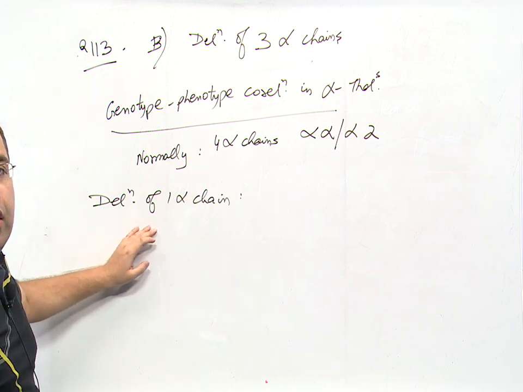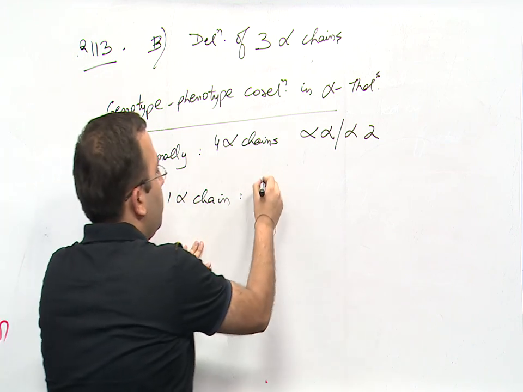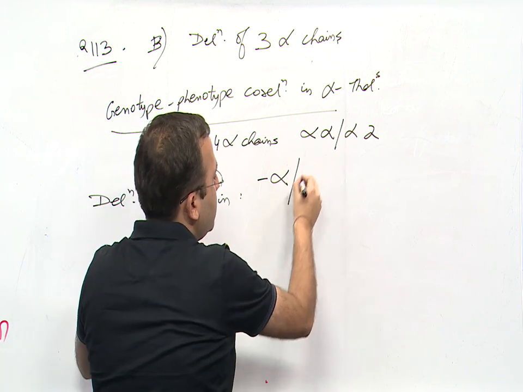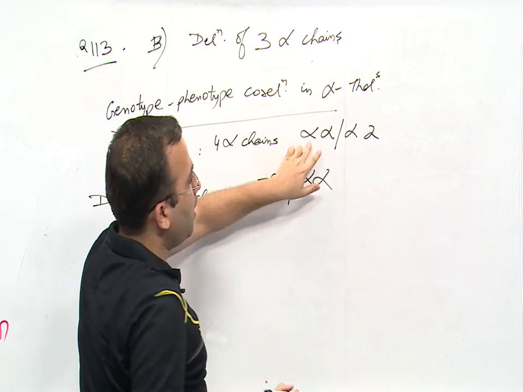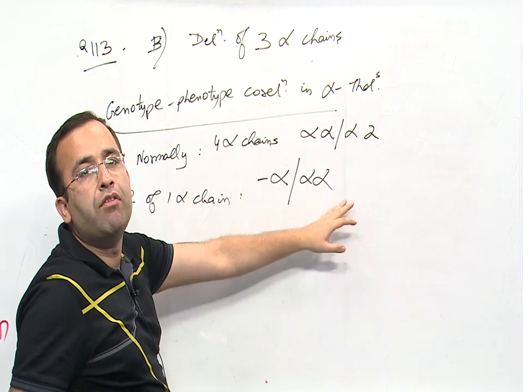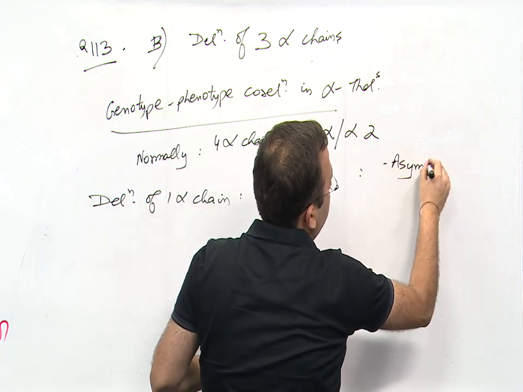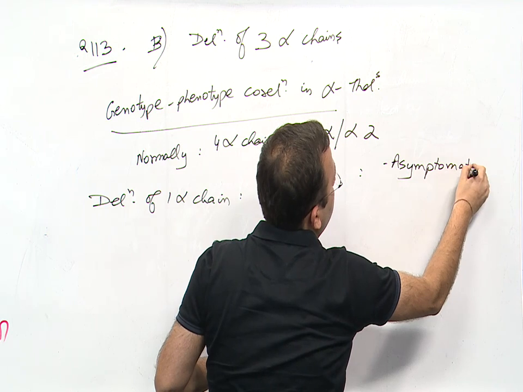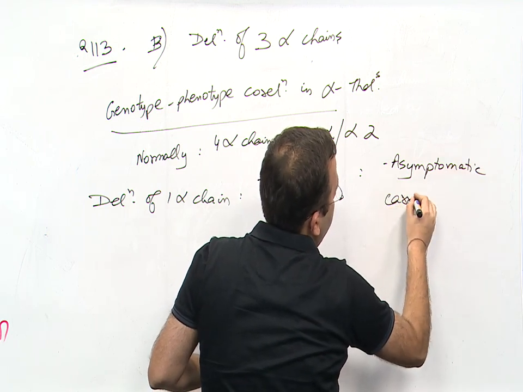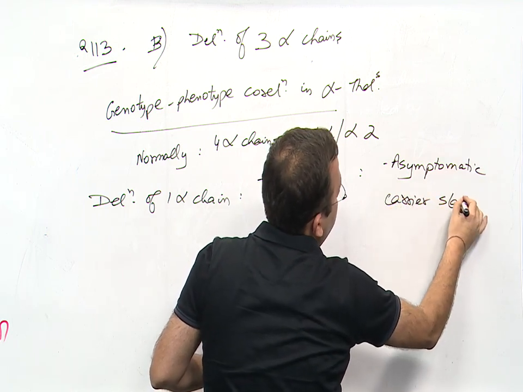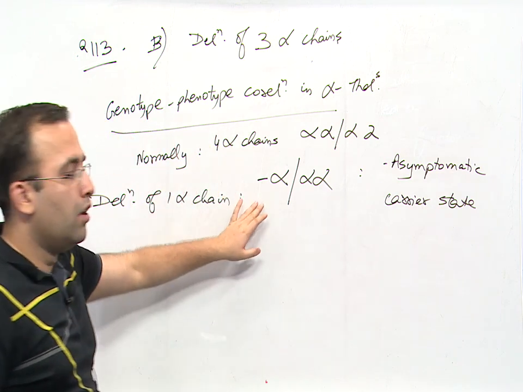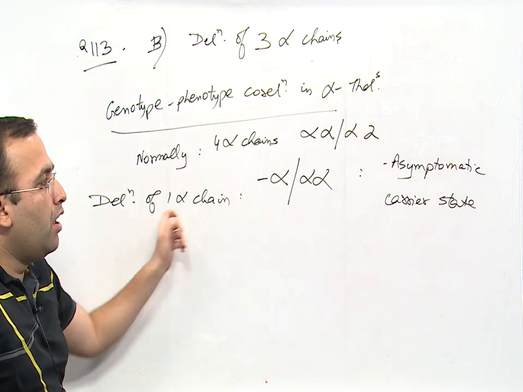What would the genotype be? One alpha is gone: minus, alpha, alpha, alpha. This is an asymptomatic carrier state.